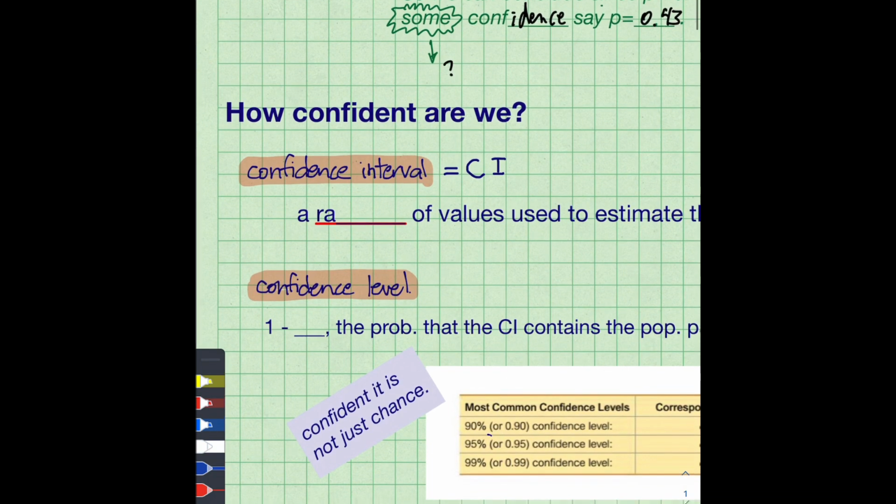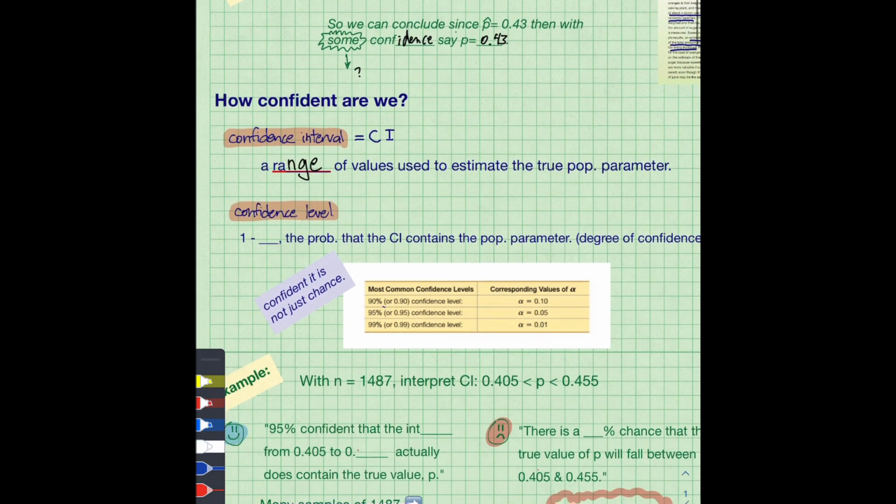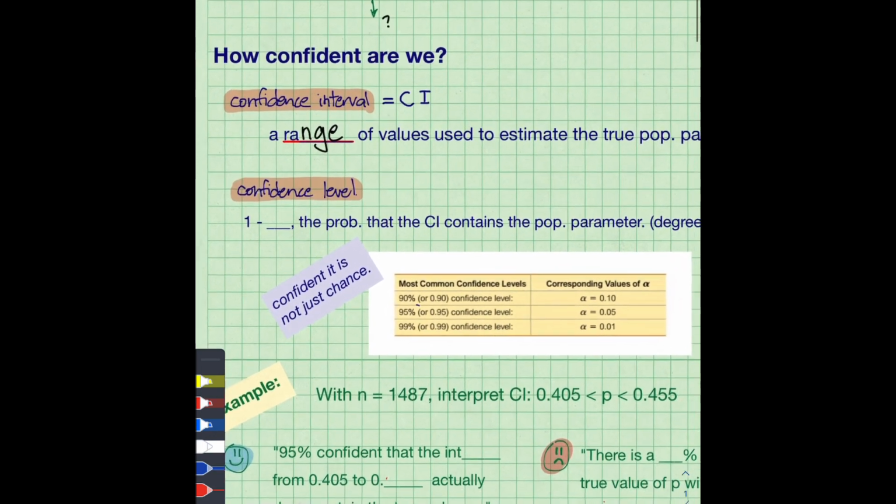But we know that we might have made a mistake. There might be some little error creeping in because we didn't have a good sample. And so we're going to say, rather than just specifically, this is the value, with a certain level of confidence, here's the range of values I think it could be. All right?